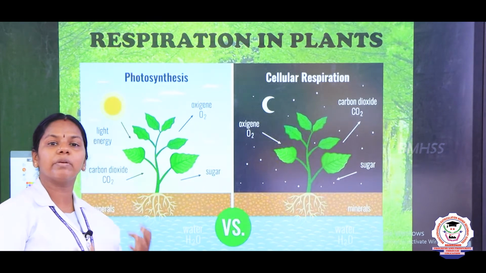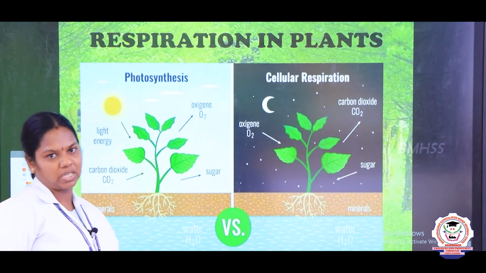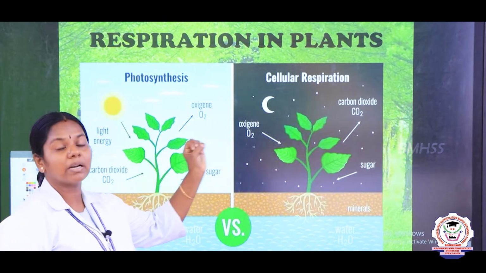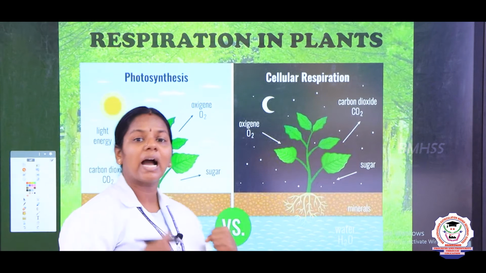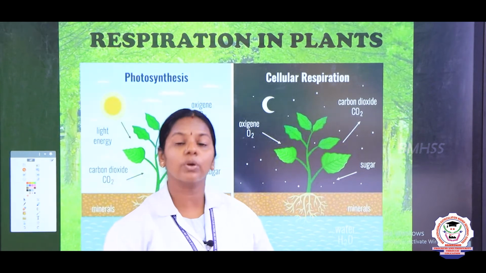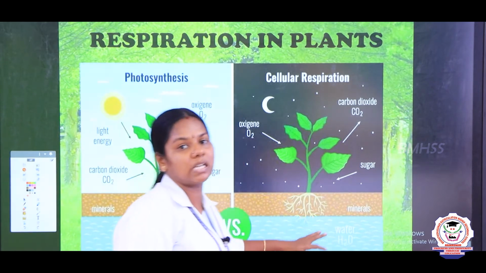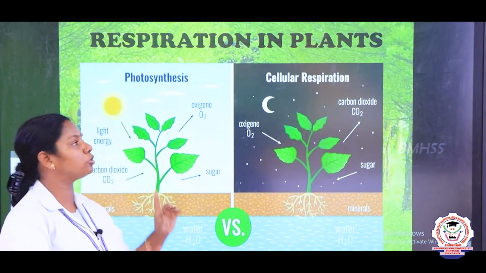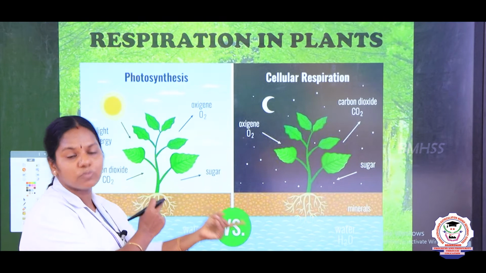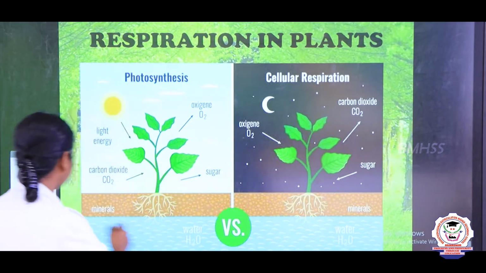So in the daytime it is good to stay under a tree. But at night time, plants take in oxygen and give out carbon dioxide. So it is not good to sleep under the tree during the night time. So the plants respire both during the daytime as well as the night time.